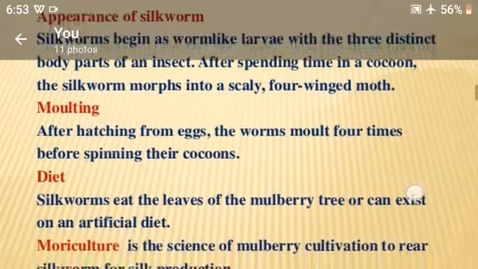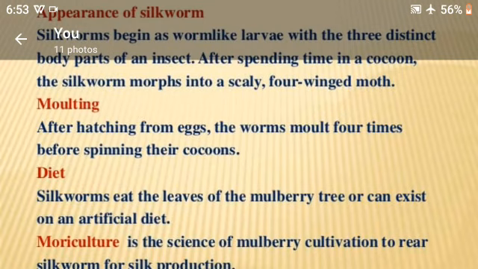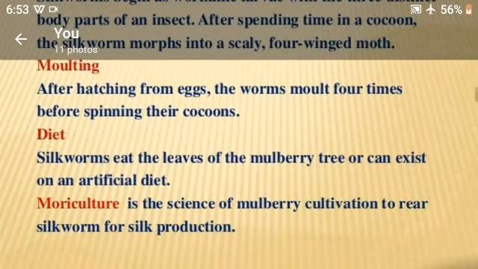Molting. After hatching from eggs, the worms molt 4 times before spinning their cocoons. Diet. Silkworms eat the leaves of the mulberry tree or can exist on an artificial diet.